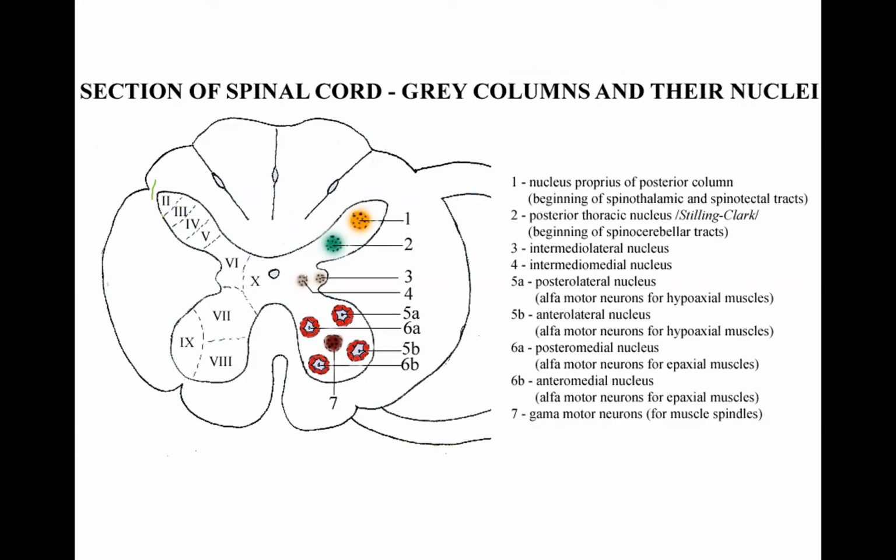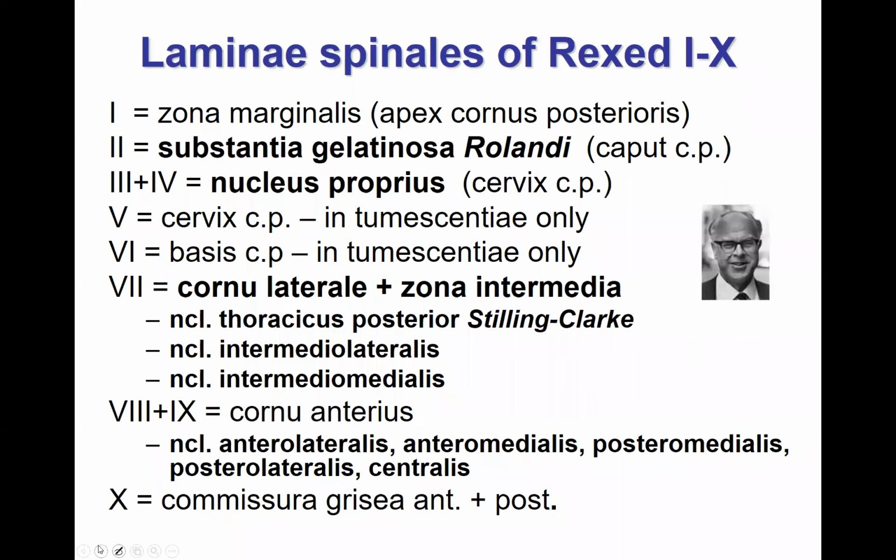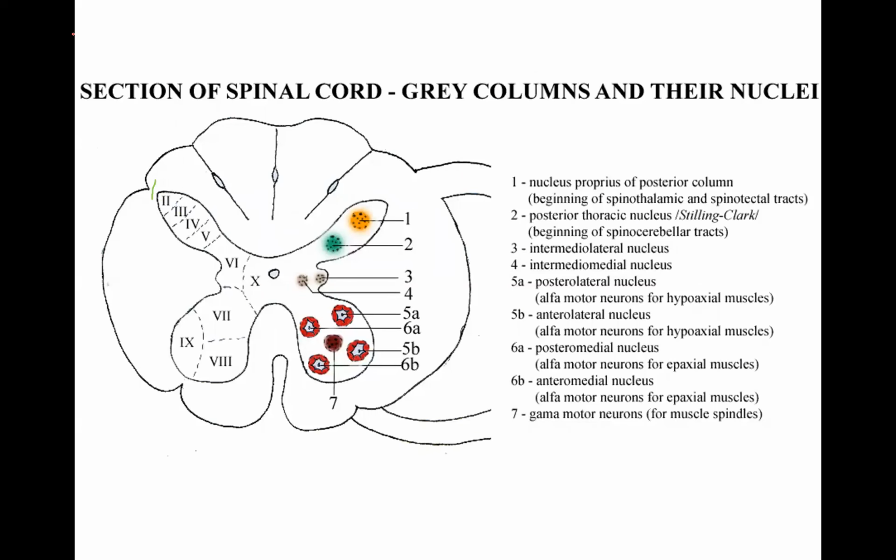The second is that the posterior horn has a shape of a head maybe. So this is called apex, and then this is called a head, caput, and then this is called a base. So apex, caput, and base of the posterior horn.